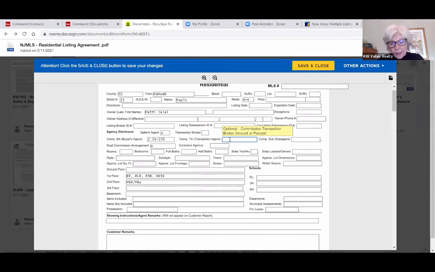If you get a 6% listing, you can offer out 3%, or you can offer out 2.5 and keep 3.5. You can do that. The commission doesn't always have to be split 50-50, but your homeowner has to know. That's what that separate piece of paper was. Compensation to transaction agent, you can make that the same as the buyer's agent.